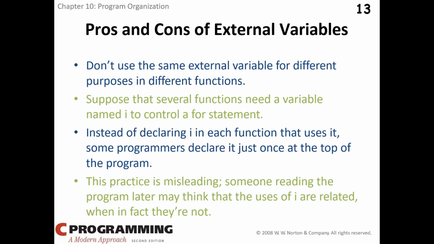However, this practice can be misleading. It may give the impression that the uses of i are related, when in fact they serve different purposes in different contexts, and this can lead to confusion for someone reading the program later on, as they may incorrectly assume a connection between the different uses of i.